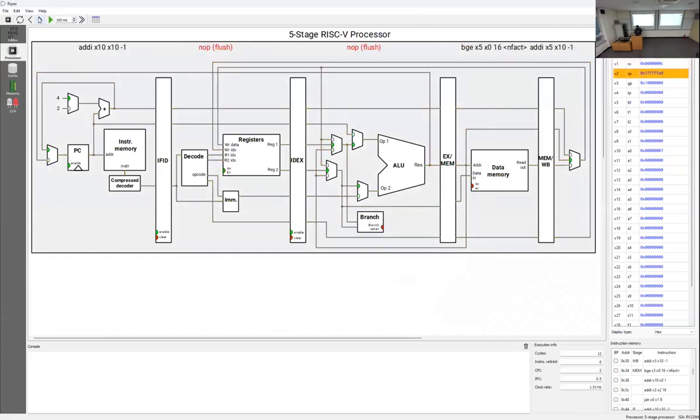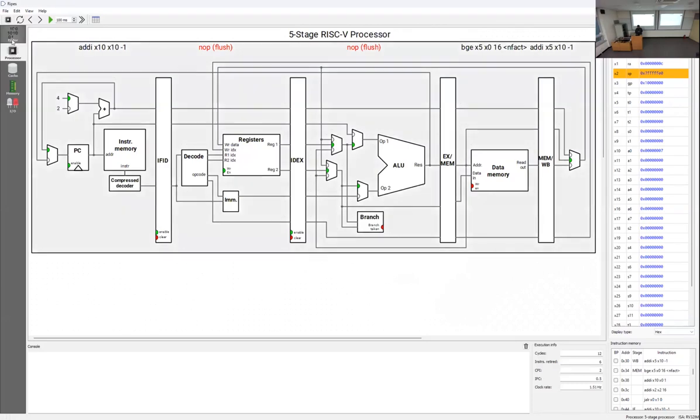And here, we can find BGE. So we can observe some pipeline flushes by the BGE instruction. Also, we can observe the contents of the register files here.